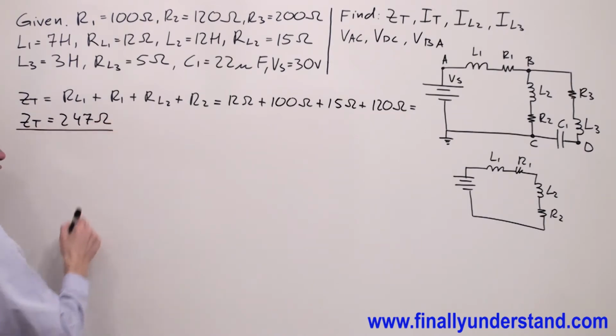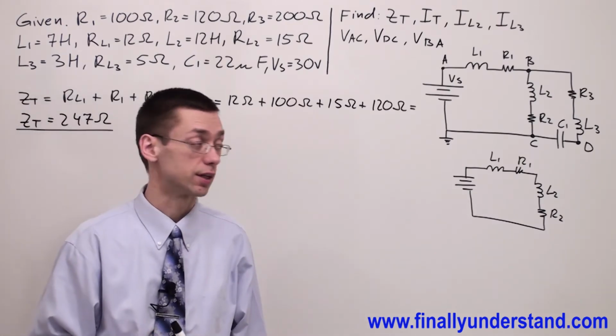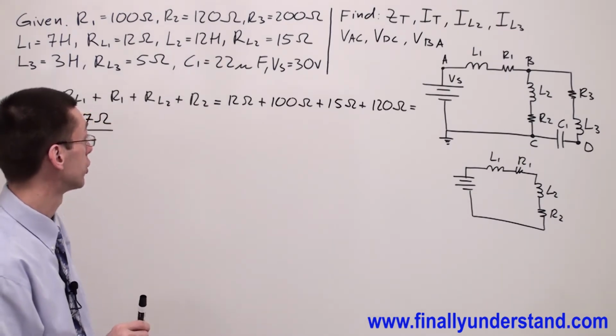This is the total impedance, or you can also call it resistance, of this circuit.